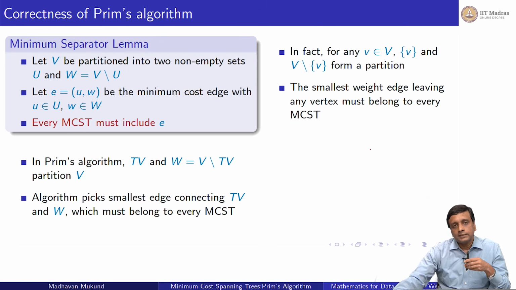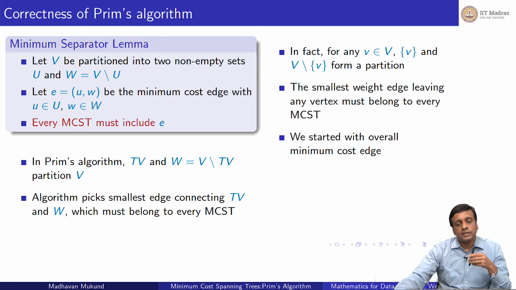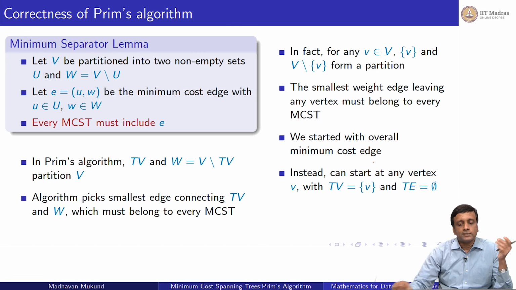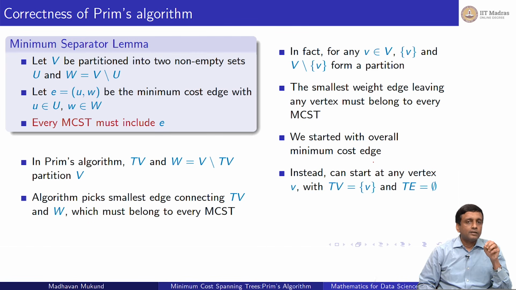So actually it doesn't really matter that Prim's algorithm started with the minimum cost edge; that is a bonus. The minimum cost edge is of course the minimum separator between the partition of the two endpoints, so that is fine. But you can start anywhere. You can start with any vertex, and we know that the smallest edge leaving it is a minimum cost separator between it and the rest.